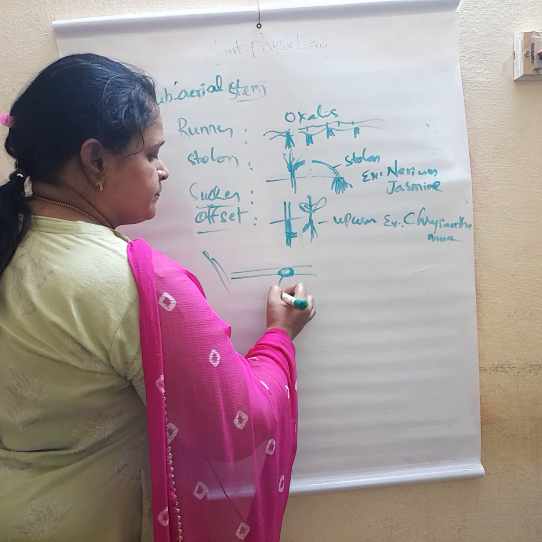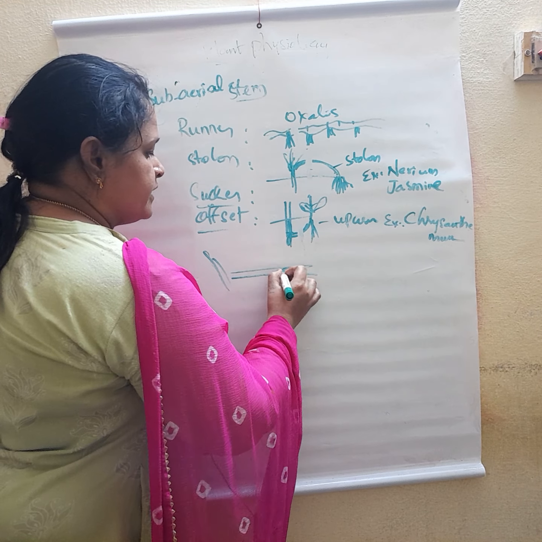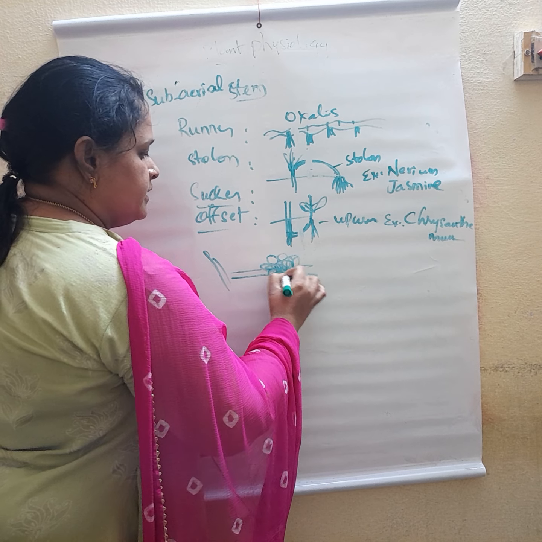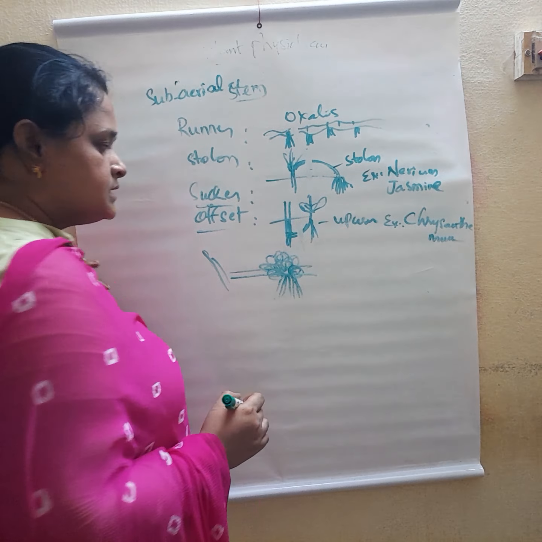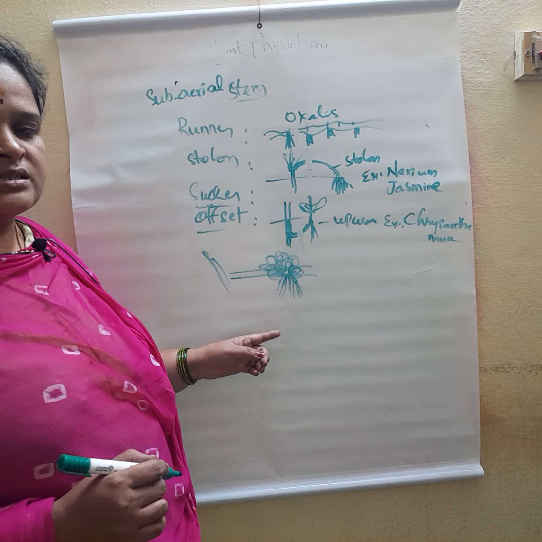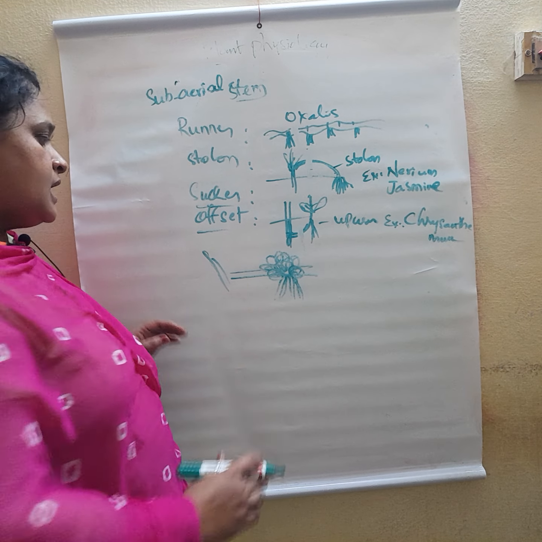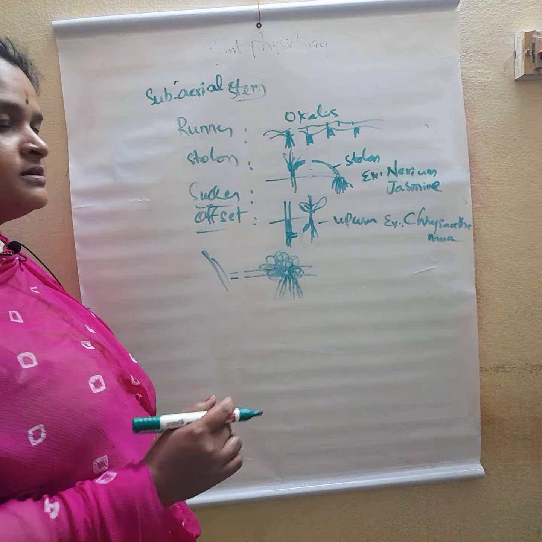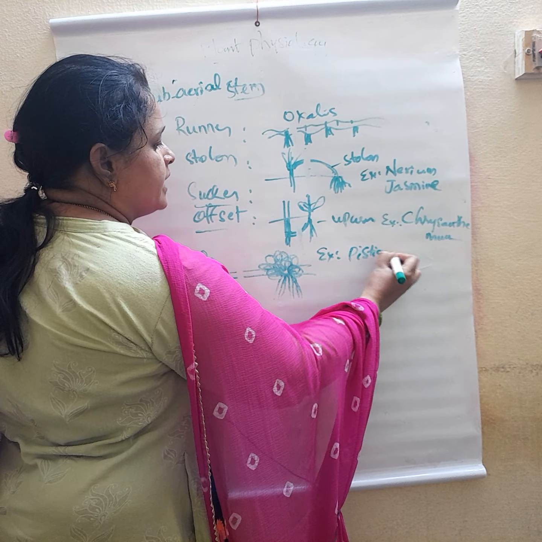It produces a bunch of roots inside and a rosette pattern of leaves. This is called an offset. If it is cut, due to water currents it may live as an independent plant. Example is Pistia and Eichhornia.